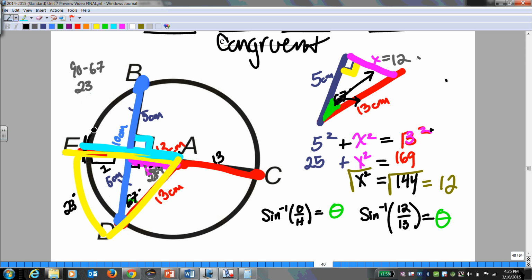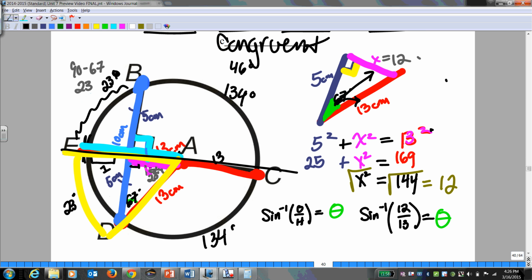And since this is bisected, this arc over here has to be 23 degrees, which makes it together 46. This is 180. That means this is 134. Which means this angle right here is 134 degrees as well. Now you have found everything.